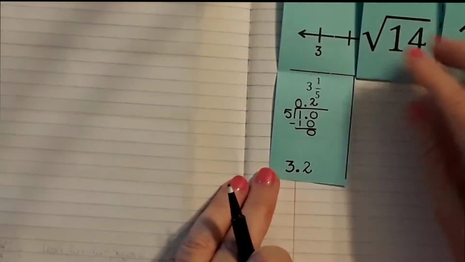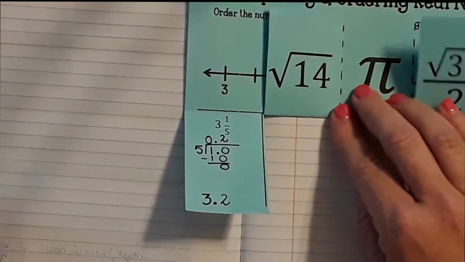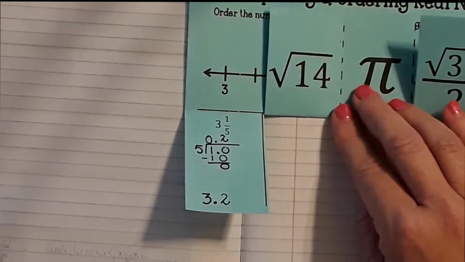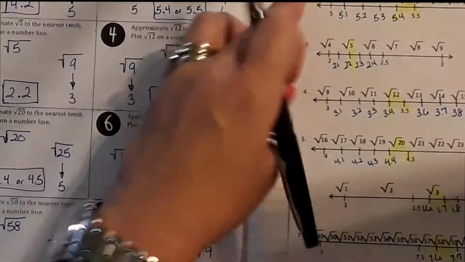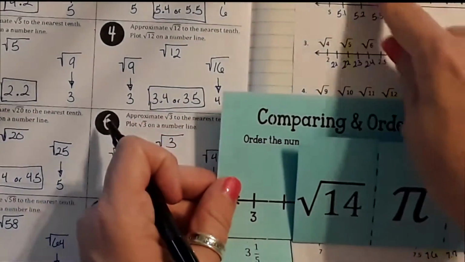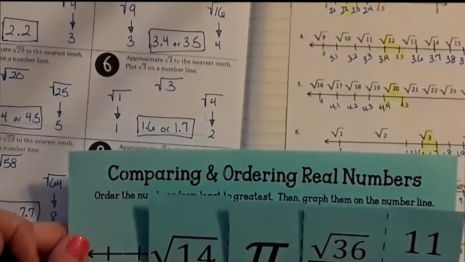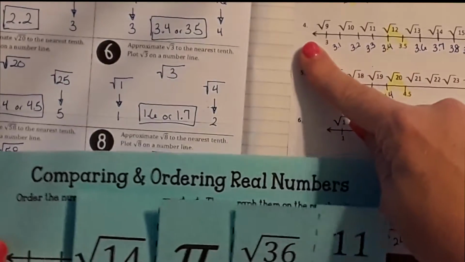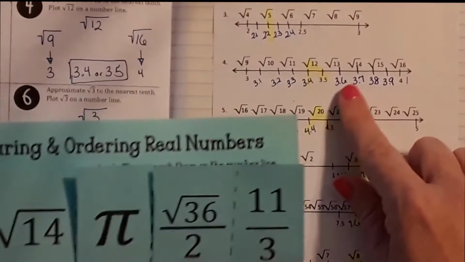The next one I'm looking at is the square root of 14. Well, guys, I can go back to when I was estimating square root and look at page 13. I'm going to scroll through on my number lines, and I notice that I do have the square root of 14 at number 4. So let's look at that one.